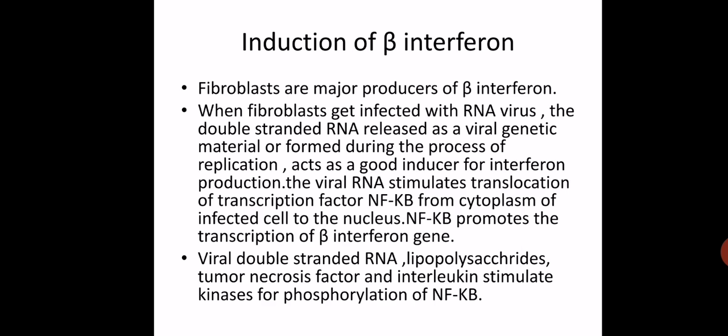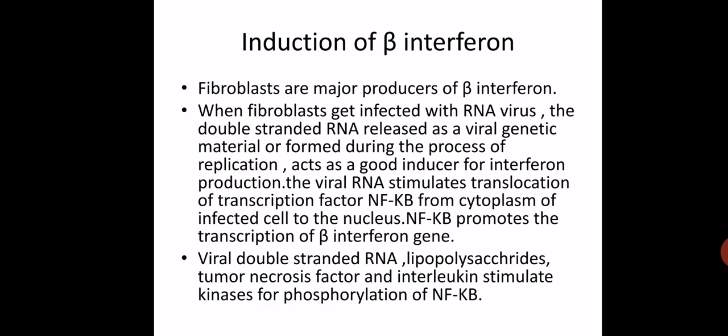When fibroblasts get infected with RNA virus, double-stranded RNA is released as a viral genetic material or formed during the process of replication. Viruses are of different types: double-stranded DNA, single-stranded DNA, double-stranded RNA, single-stranded RNA virus.